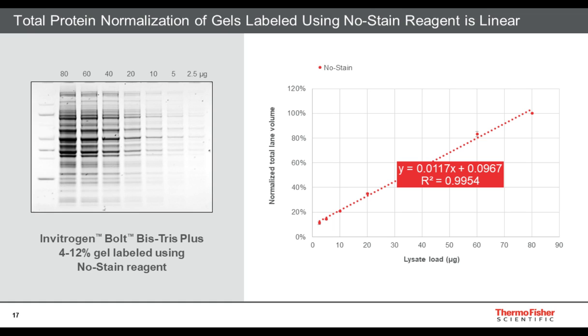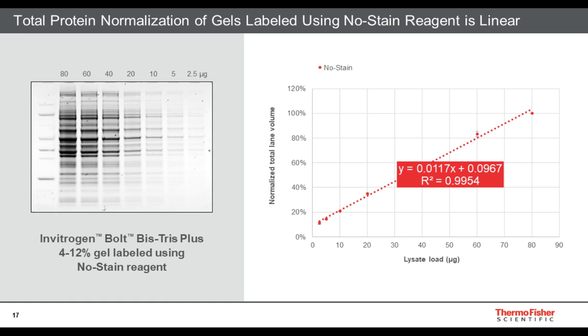As you can see, even at a lower protein concentration of 2.5 microgram, you are able to see a lot of bands pretty distinctively. At 5 microgram, all of the bands are pretty clear. And as the protein load increases, you really don't see saturation. You see a proportional increase in signal intensity with labeling by the no-stain reagent.